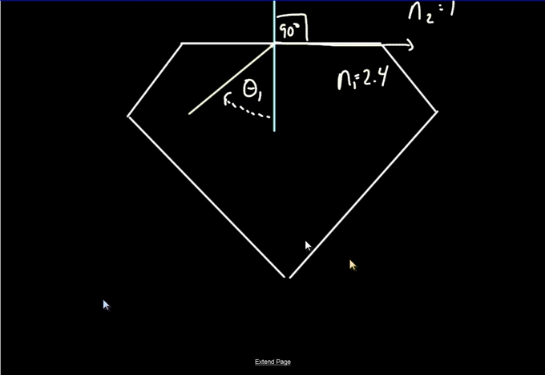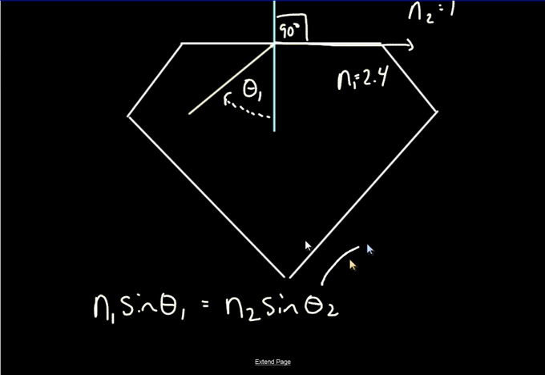So let's set this up with Snell's law and just see what we get. n1 sine theta 1 equals n2 sine theta 2. Now what value did we say theta 2 would be at when this is the critical angle? 90 degrees. Okay, so now we're going to substitute in what we know.